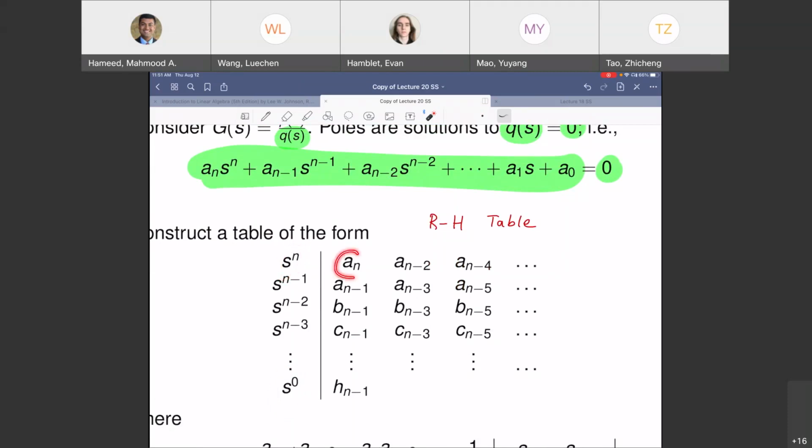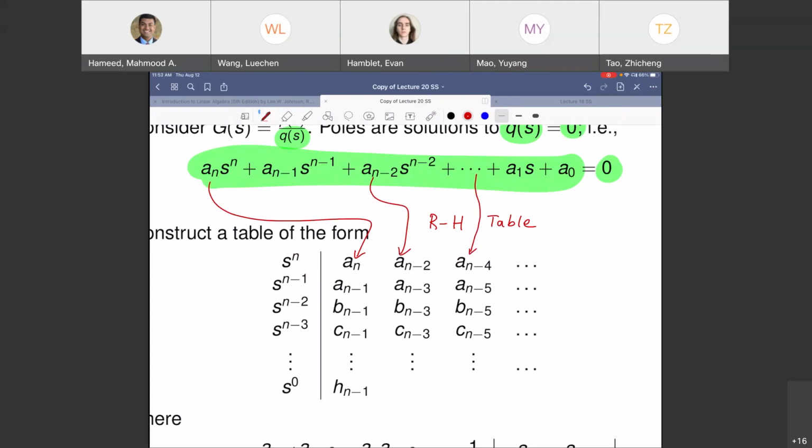The first row will be alternate values of the coefficients: a_n minus 2, a_n minus 4, and so on. Alternating, starting from the first one. If you don't have a power of S, then it is missing, so it is a 0 there. But you lay out all the coefficients of the denominator polynomial.